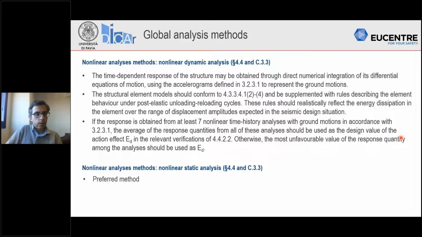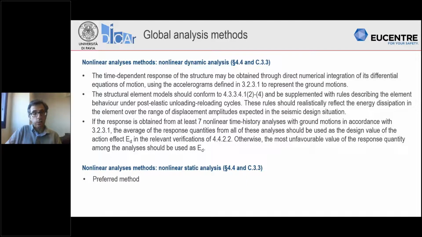Moving to the nonlinear analysis methods, we can discuss firstly the nonlinear dynamic analysis. This consists in calculating the response of the building, directly integrating the equation of motions of the building subjected to a set of ground motions. Of course, you are required to use models that are able to capture the cyclic behavior of masonry elements, also in the post-elastic phase.